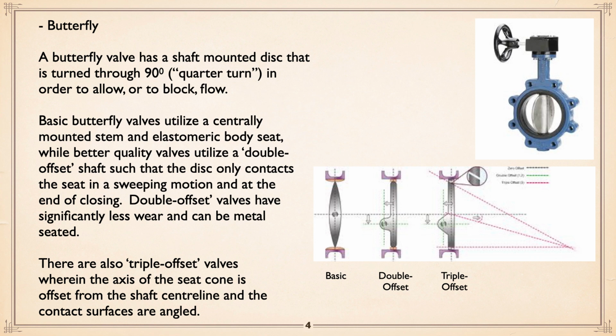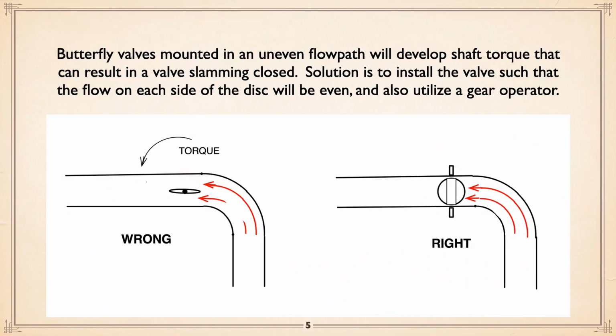You can also get triple offset valves where the axis of the seat cone is offset from the shaft center line and the contact surfaces are angled. That's great if you require a metal seated valve. In waterworks, probably not worth the effort and cost.